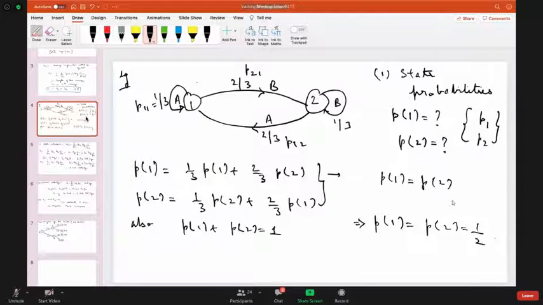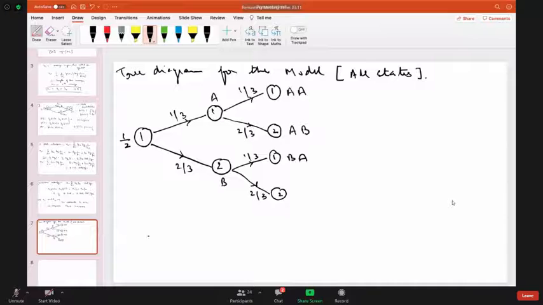Sorry, just a second. So this would be 2 by 3, and this would be 1 by 3, and this message would be BB. These are the messages of length 2, so for evaluating G2, we will be using these possibilities.